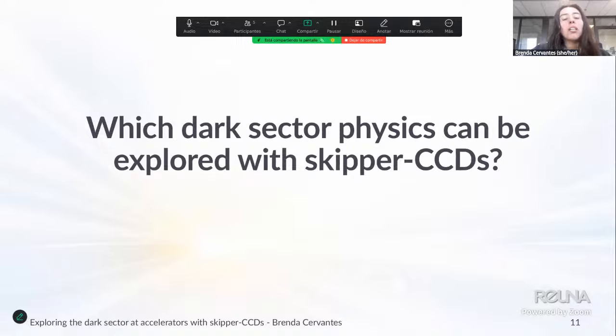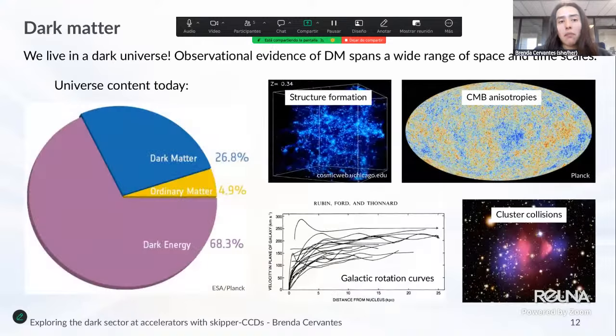So let me go to the next topic of my talk. Which dark sector physics can be explored with skipper-CCDs? Well, let me frame the main application of these skipper-CCDs that has been highly successful, and it is in the search for dark matter. So to motivate this, we know that we live in a dark universe.